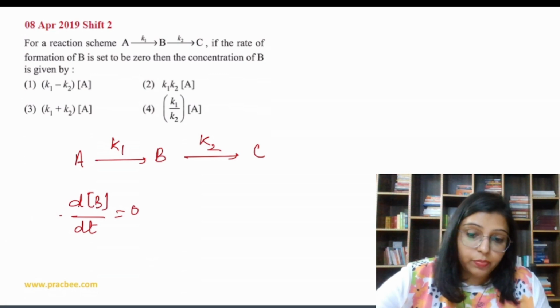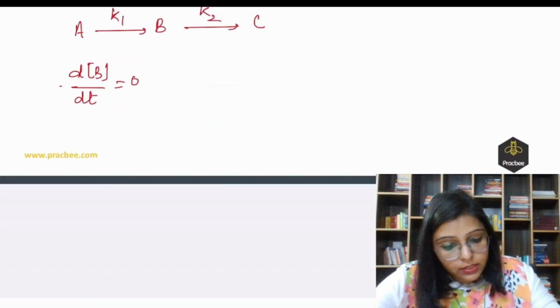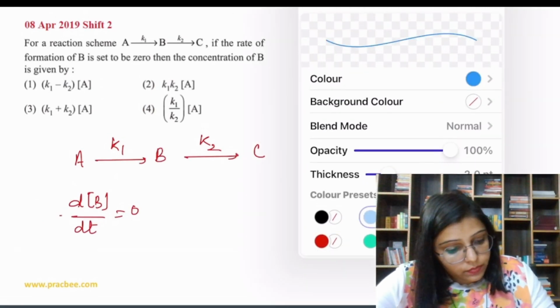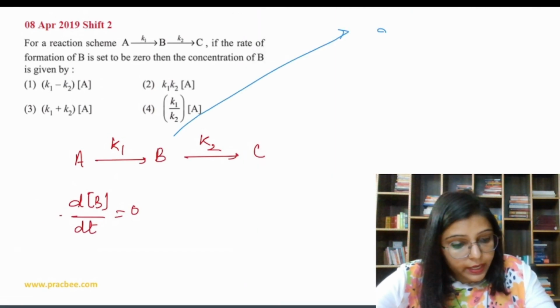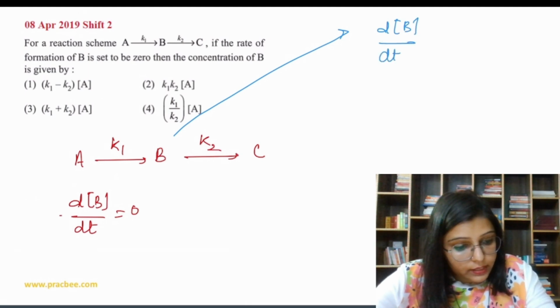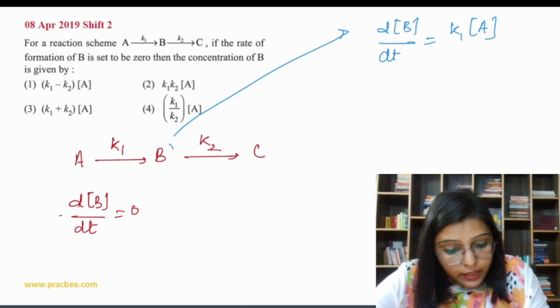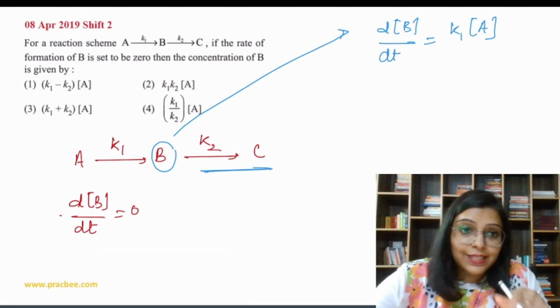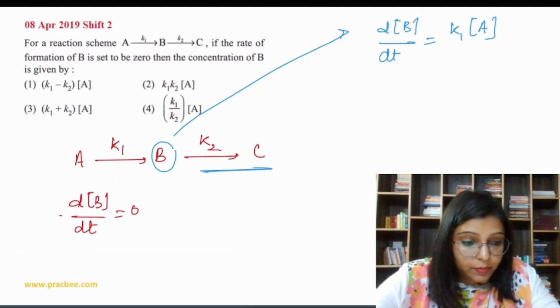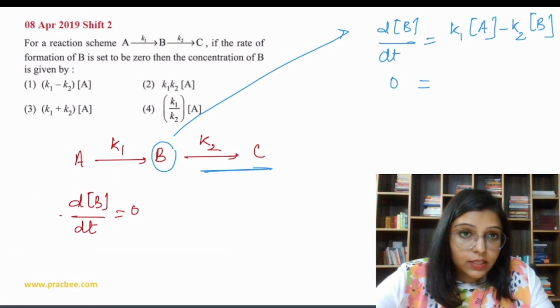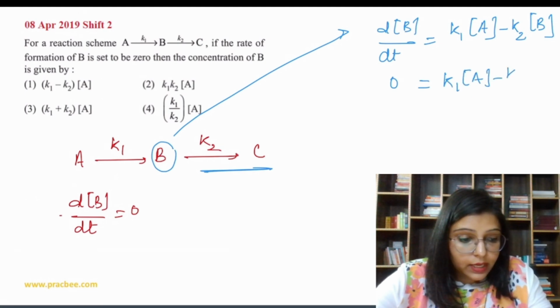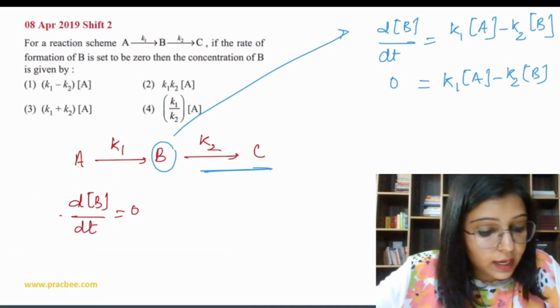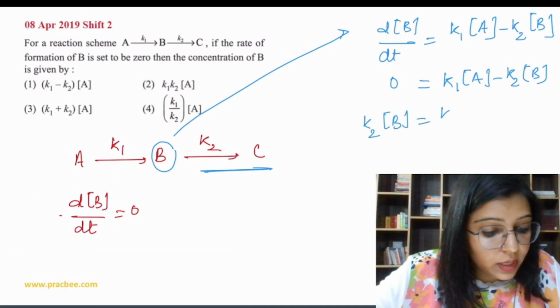So how to find B? From this, we can write d[B] by dt is equal to k1 concentration of A. Here it is the rate of formation of B, but in this step there is the disappearance of B. So we can write minus k2 times the concentration of B. So d[B] by dt is 0, so we can say k1[A] minus k2[B] is 0, or k2[B] is equal to k1[A].